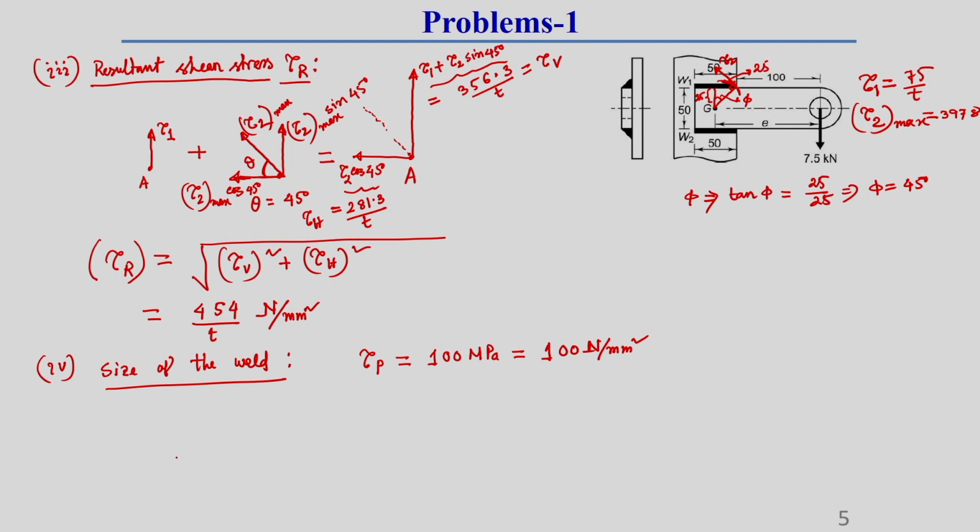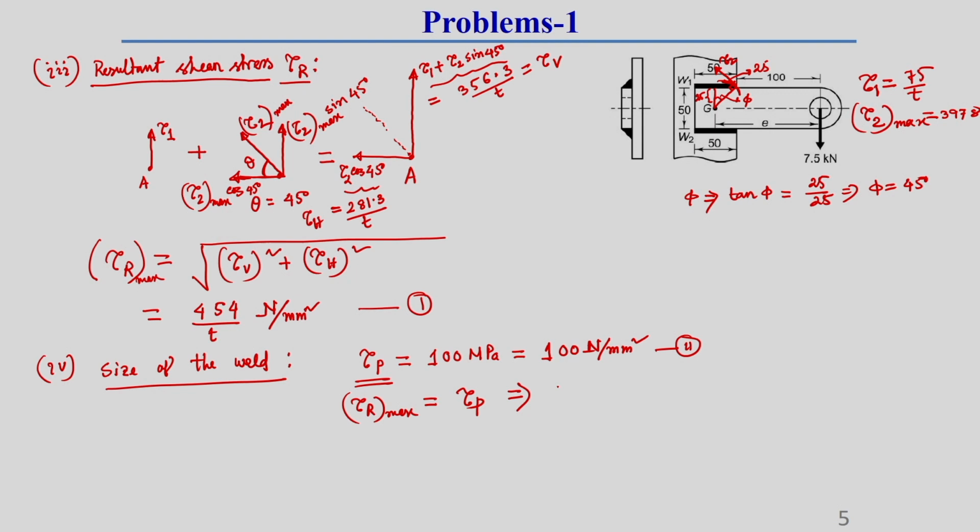Now, for designing this welded joint, the maximum resultant shear stress in this weld should not exceed the permissible shear stress. That means here we will equate equation 1 with equation 2, so tau r max should be equal to tau p.